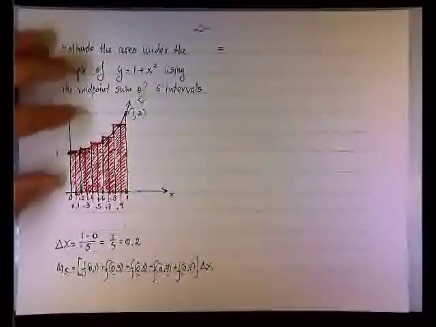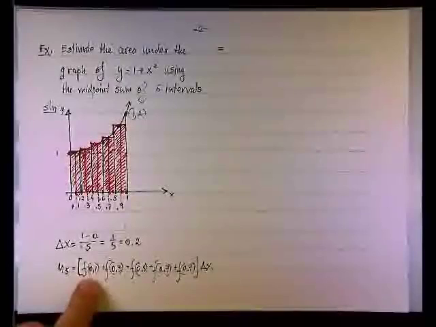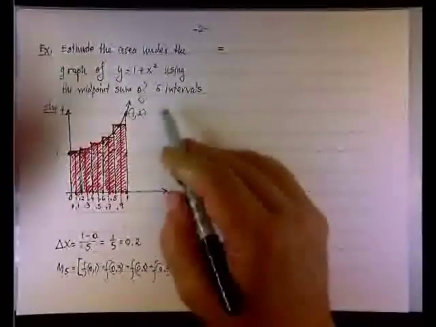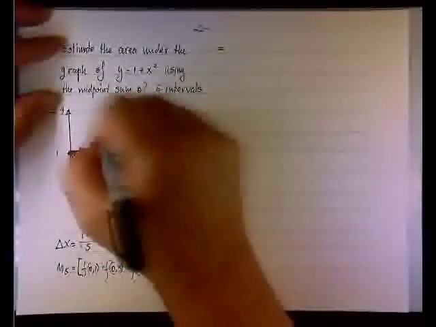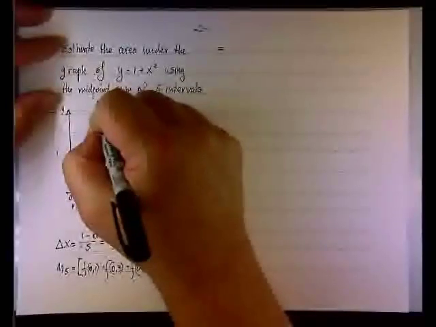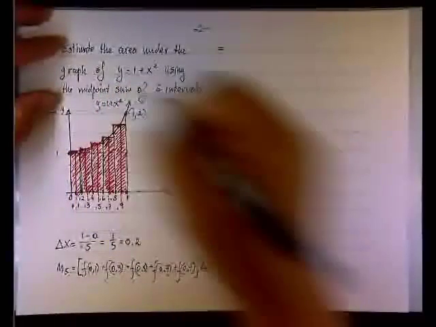What is f of 0.1? It's 1 plus 0.1 squared. Okay, the function is y equals 1 plus x squared.